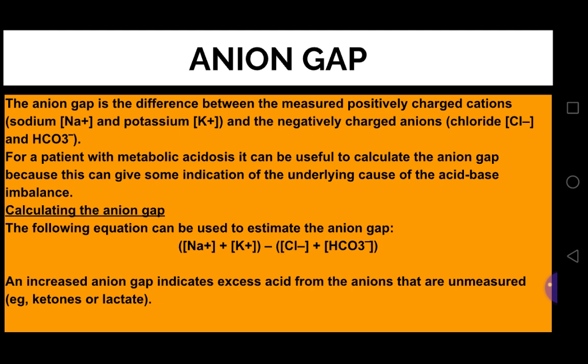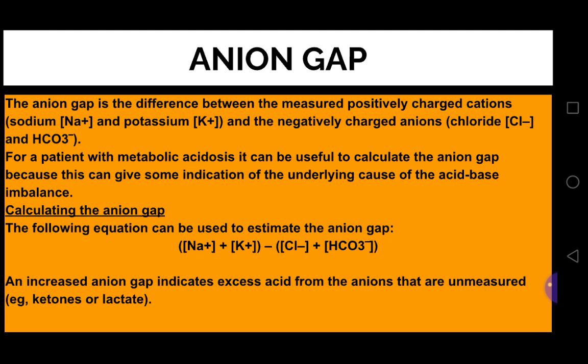An increased anion gap indicates excess acid from the anions that are unmeasured, for example ketones or lactate, which means that if anion gap is increased, it means that there are some extra anions such as ketones or lactate in the blood which are causing this increased anion gap.